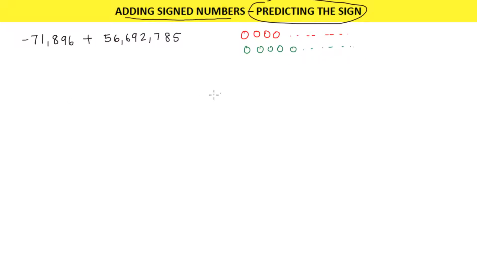And once they start canceling each other out, all of these will get cancelled and there will still be some green dots left over, which means you have more positive than negative, so you will have positive left over. So the sign for the sum of these two numbers will be positive.